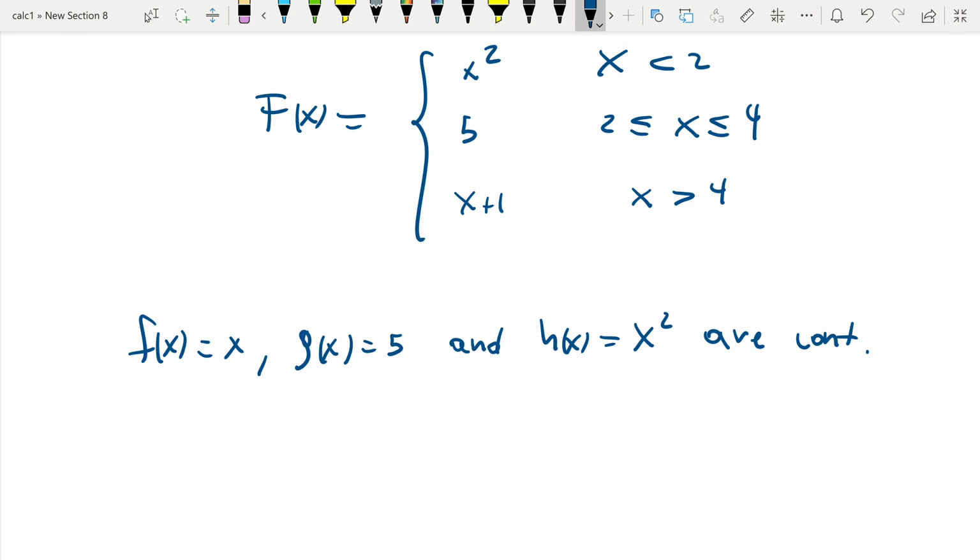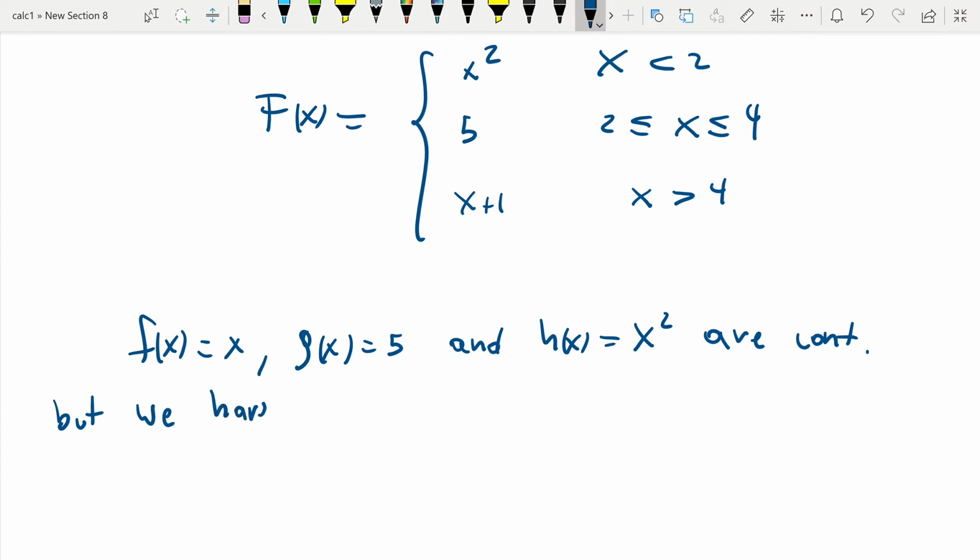But the function is neither f of x, g of x, nor h of x. So we need to check what happens at the transition points, because the function is not equal to f, g, or h, except only in subintervals. So when you move from one interval to the next, you need to check that the transition happens in a continuous way.